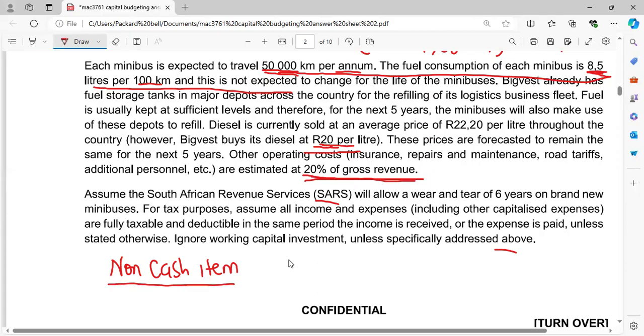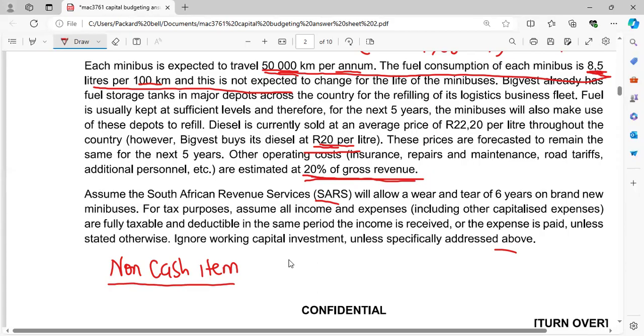If it has already been deducted to arrive at the cash flow, then you need to add it back so that you can have the cash flows excluding non-cash items. But if the depreciation is not already there, then you don't need to worry yourself. If there is no depreciation that has been deducted on your cash flow, then there is no need for you to worry about depreciation. I don't know if I am on the right target there.